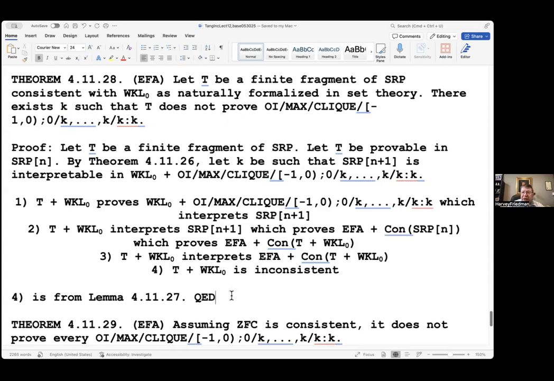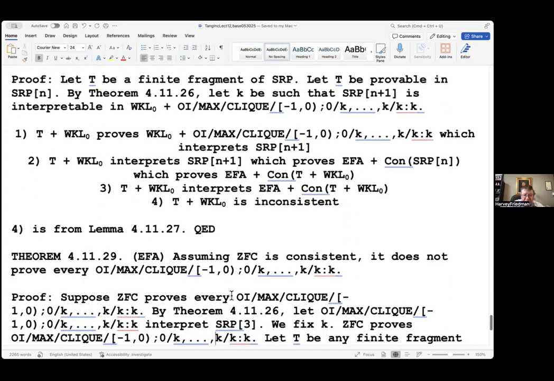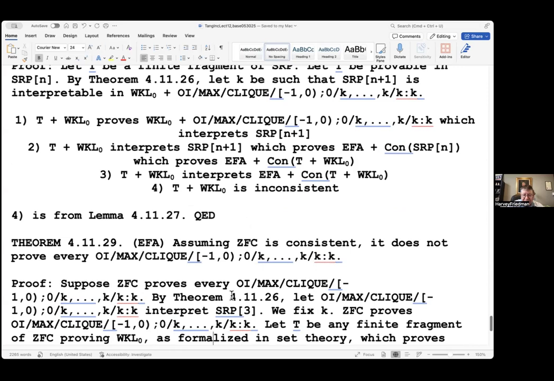And then you can do the same thing, the same idea, using ZFC instead of a finite fragment of SRP. ZFC is not actually a finite fragment of SRP, but you get around this because we just have to worry about finite fragments of ZFC.